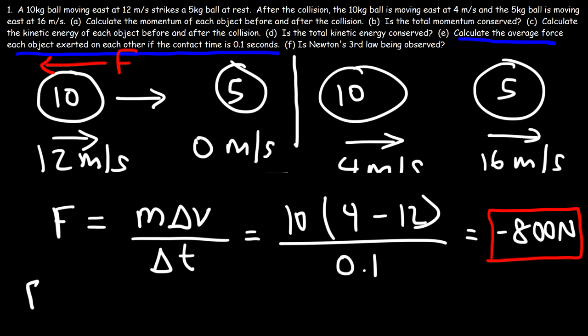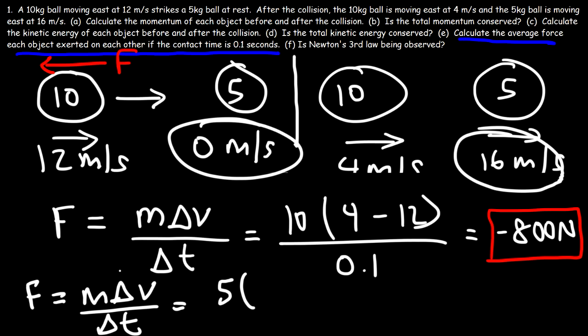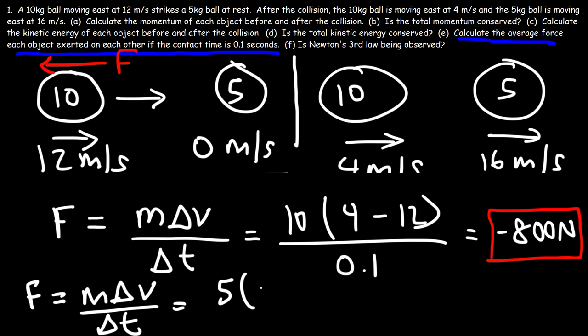Now let's calculate the force acting on the other object using the same equation. The second ball has a mass of 5 kilograms and its speed increases from 0 to 16. So the final velocity is 16, the initial velocity is 0, and the contact time, the time where the two objects are touching each other, is 0.1 seconds.